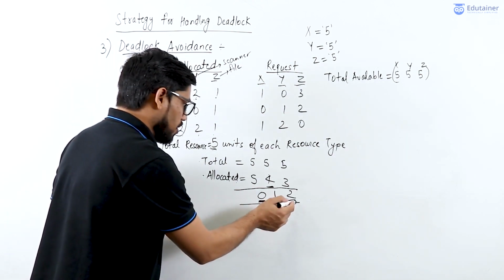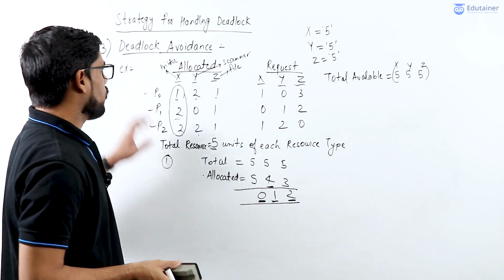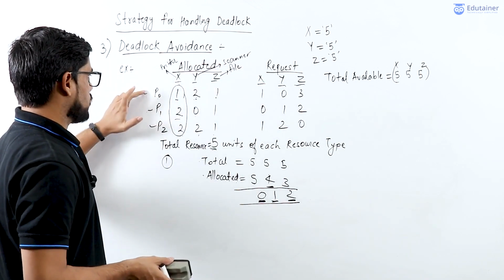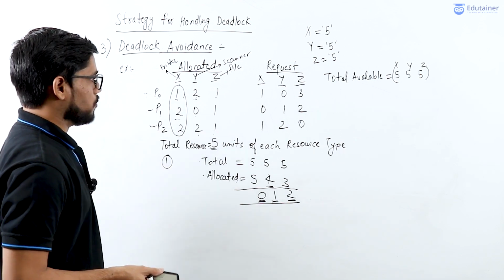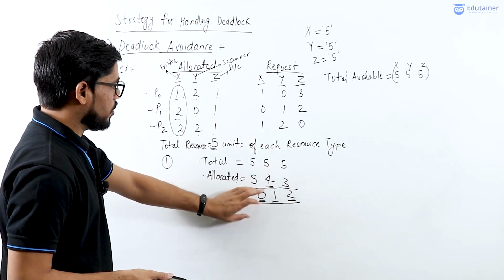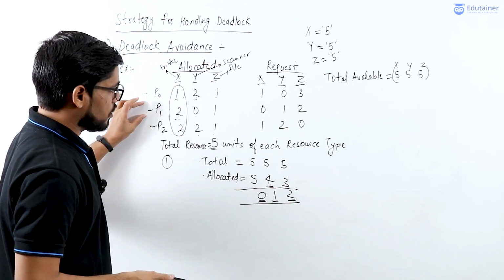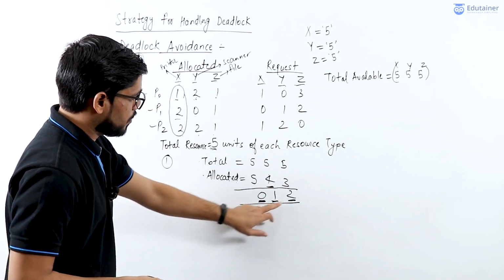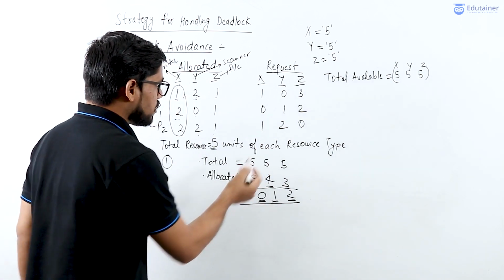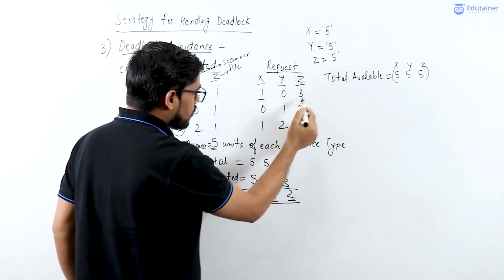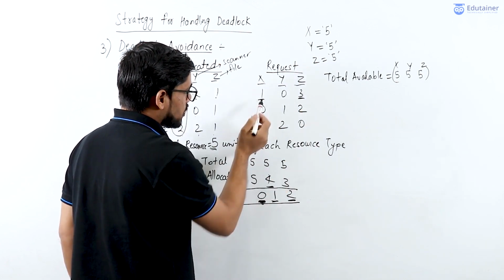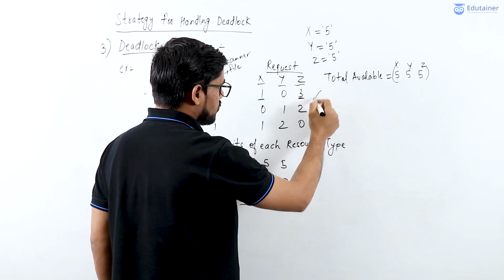From these available resources, we need to fulfill the request of at least one of process P0, P1 and P2. So which process can have its request fulfilled by the given available resources? P0 requires 1 and 3, and we do not have any instance of resource X, so we cannot fulfill this request.